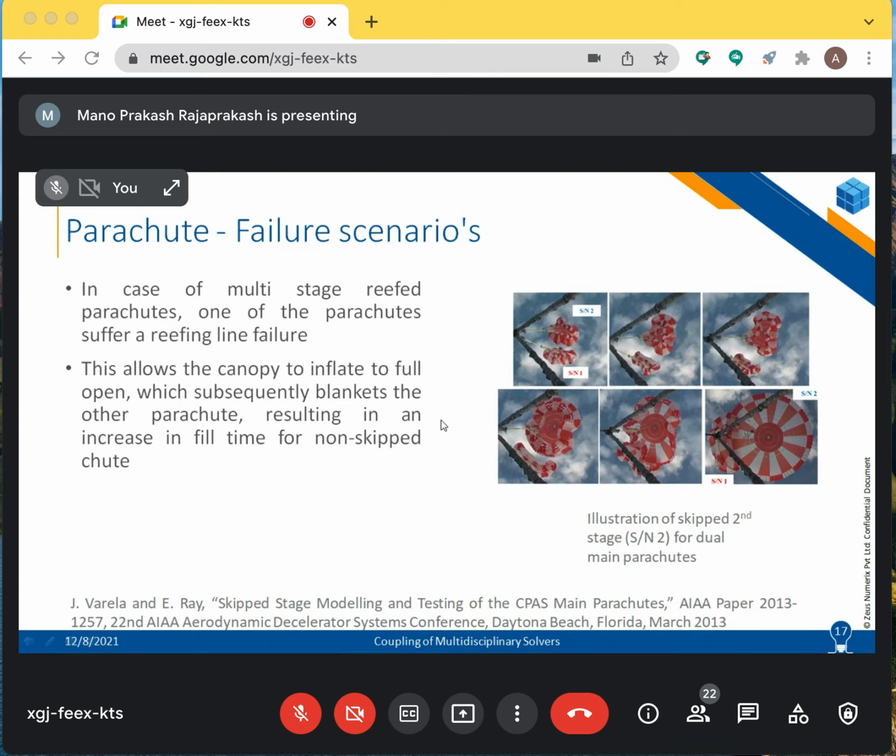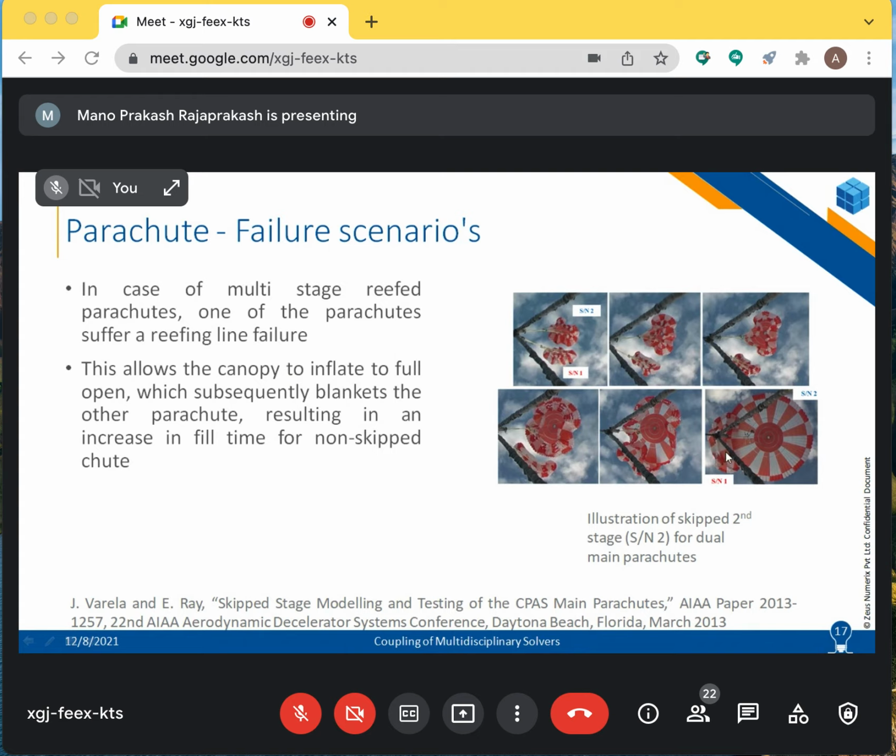So there are methods by which it can. First of all, I'll tell you why it should be. It's very important because the unexpected inflation of serial number 2 can affect the rate at which serial number 1 can inflate, and this is going to delay, or it can have the capability to prepone certain timelines or certain events, because you can see here that serial number 2 has completely blanketed serial number 1.